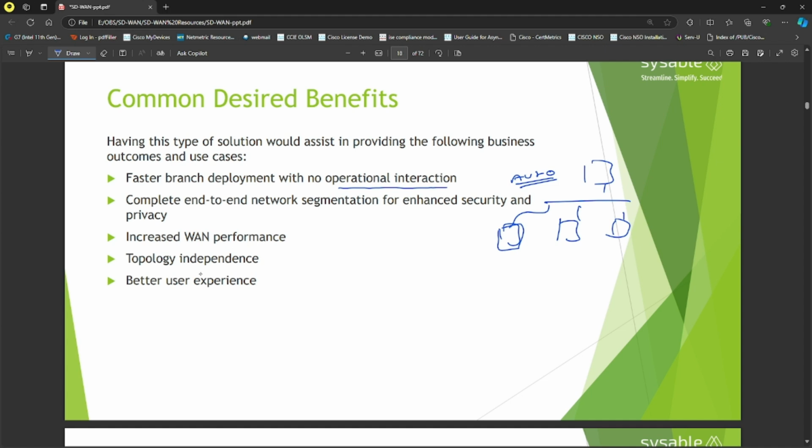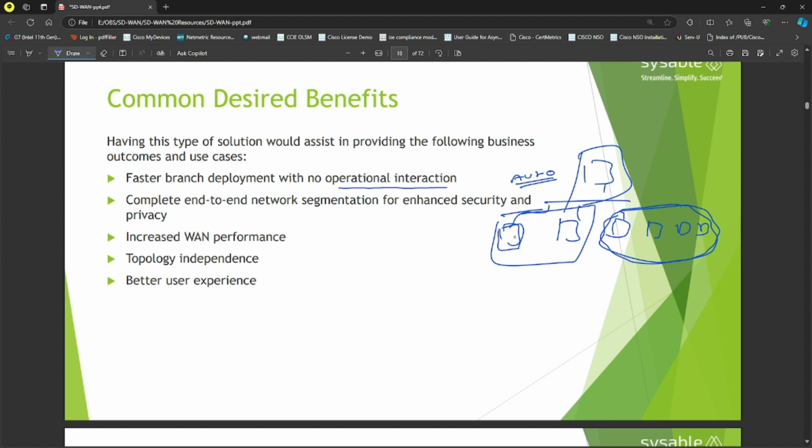Increase WAN performance, topology independence. That means if there are two devices or branches, they should be able to participate in a hub and spoke, while other devices should be in a mesh topology. It should support this, because traditionally hub and spoke is okay, but when you try to mesh different branches, that's where the problem starts again. You configure the whole network's branches in the mesh, and these three branches are in the hub and spoke topology.